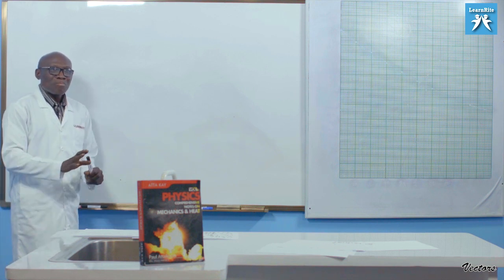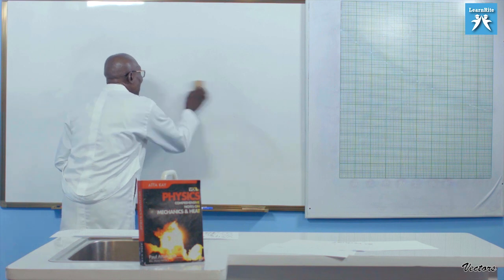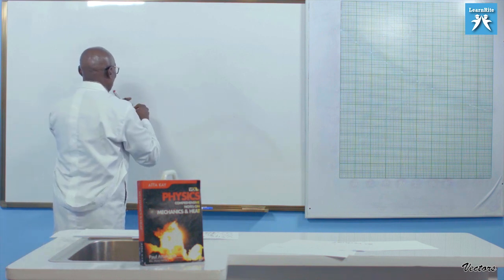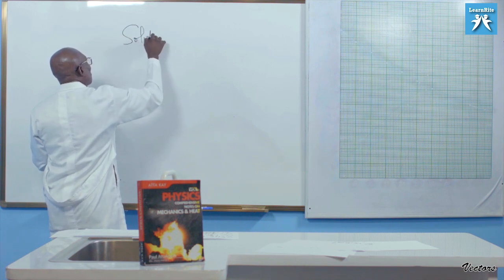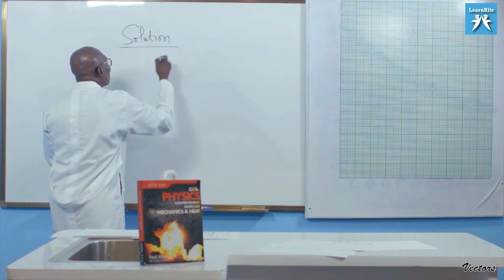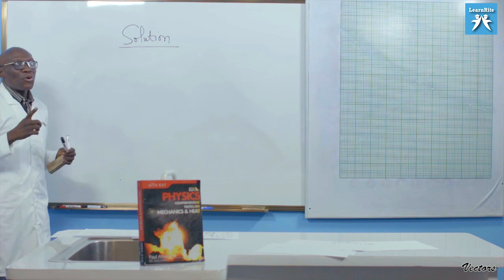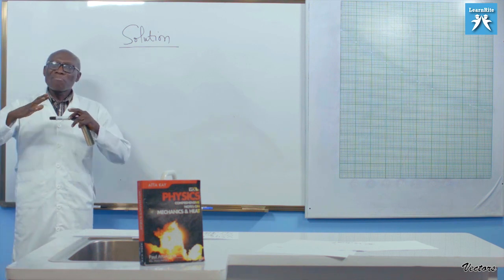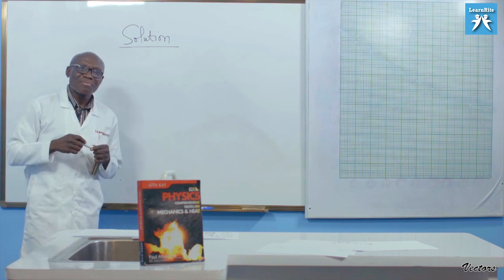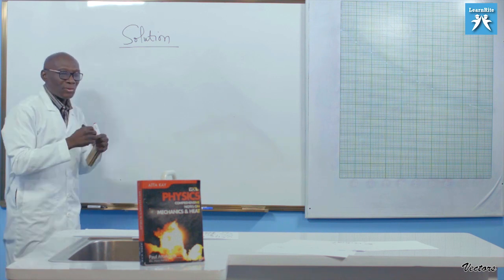Now, we are told that, so that is the solution to the question. We are told that the two vectors are represented in magnitude and direction as follows.